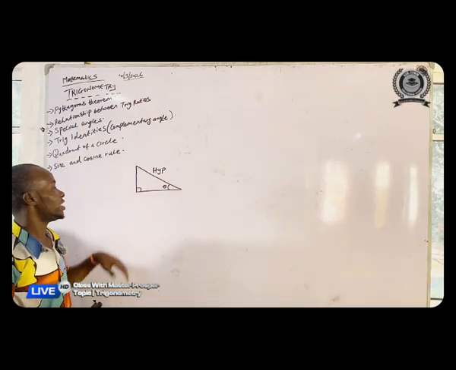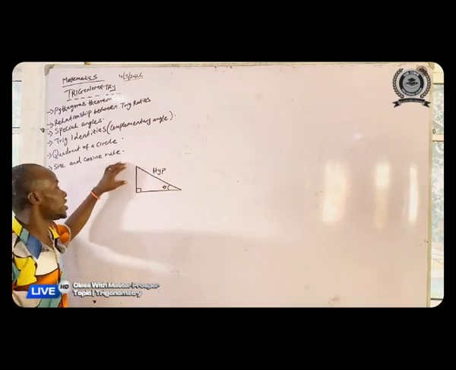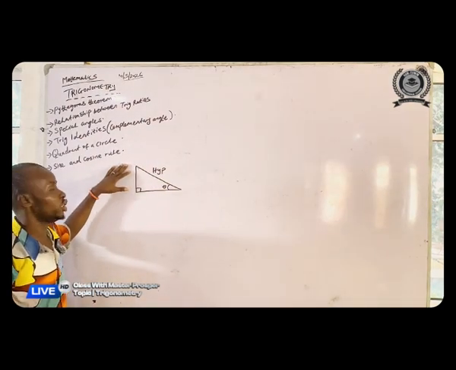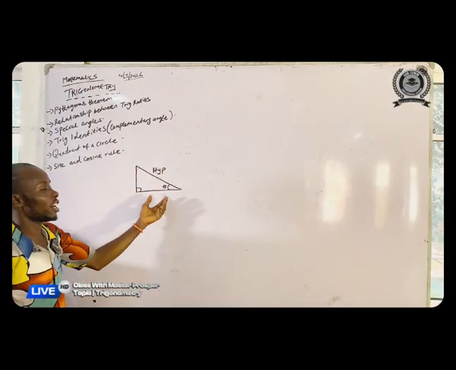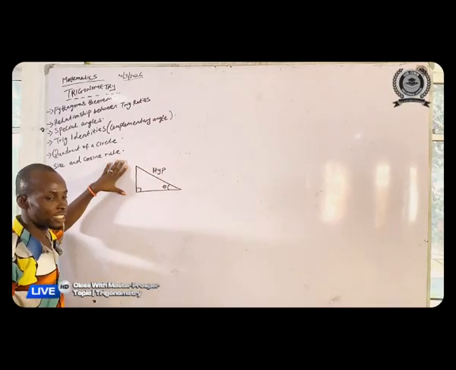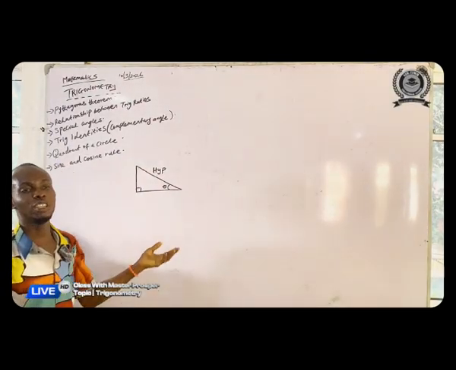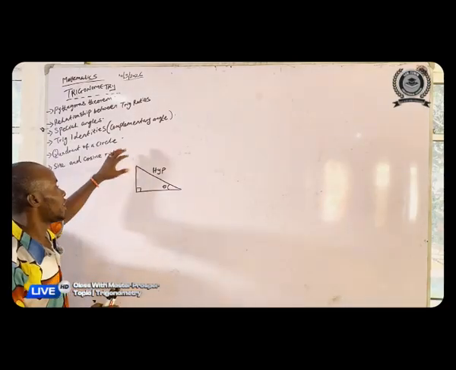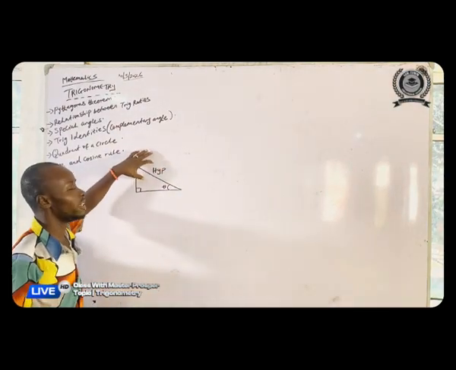What does it mean by that? If the theta or the angle is here, that means here will be our what? Opposite. But if the angle or the theta is written here, then here is our what? Opposite. So if here is our opposite, here will be our what? Adjacent. But if here is our opposite, here is our what? Adjacent. The two of them can interchange, but the hypotenuse can never what? Interchange. It still remains the hypotenuse.